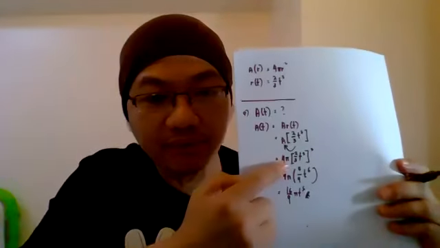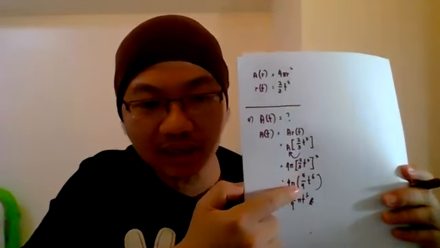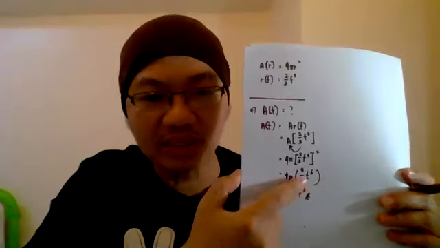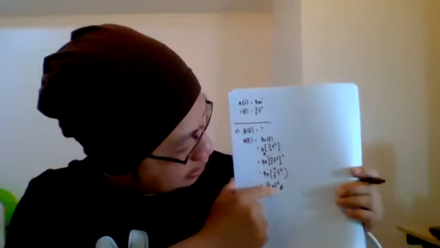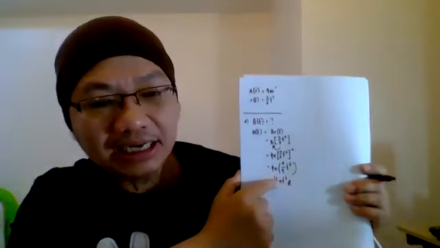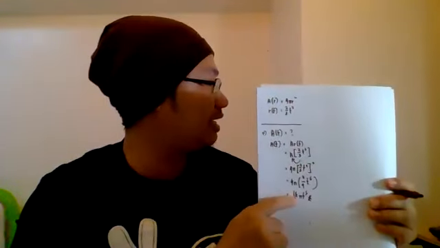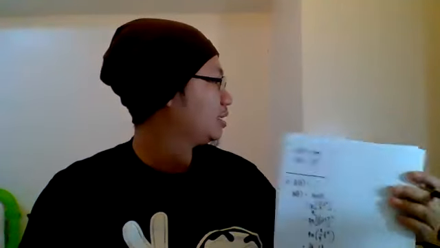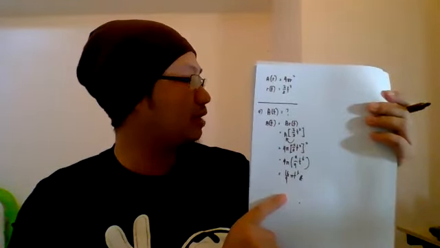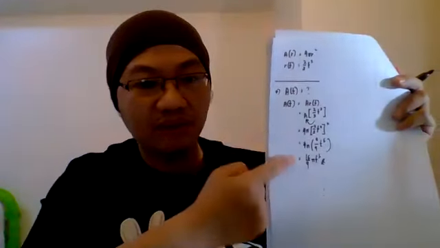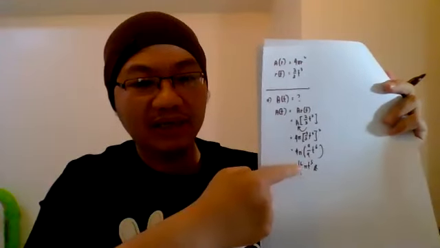Okay, so this one, after we replace the huruf r here and then we simplify everything, then we're supposed to get 16 over 9 pi t power of 6. That is the answer for 3A. State the surface area of the balloon in terms of time. Yeah, so A(t) equals to 16 over 9 pi t power 6.